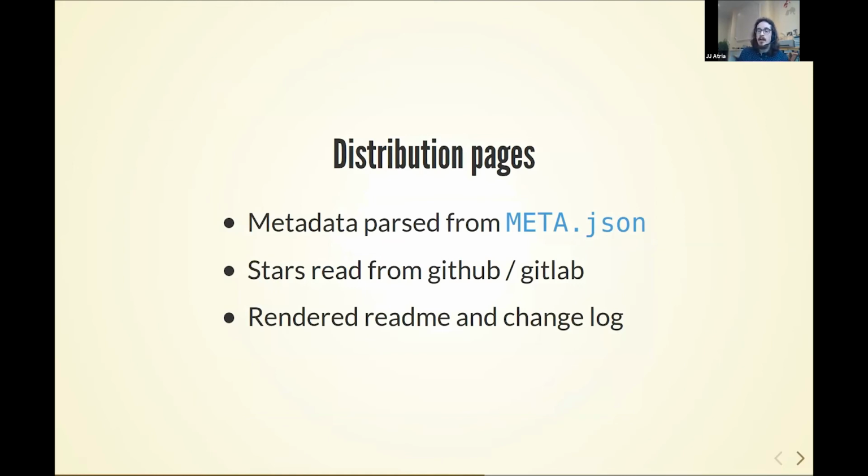We read the stars for the distributions from GitHub and GitLab at the moment. Adding more sources is possible, but we can't actually have an internal measure of favorites or likes for distributions because, like I said, this is in essence a static website. And we do render the README and the changelog if the distribution provides it. We make a best effort to render it properly.